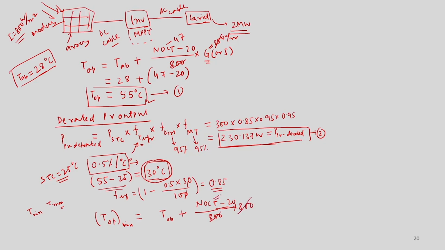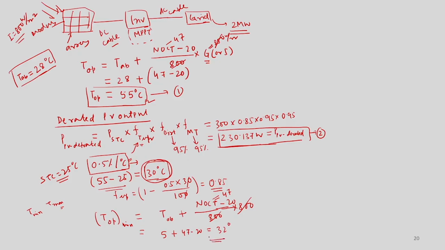This NOCT is 47, so 47 minus 20, and the minimum ambient is 5. So 5 plus 47 minus 20 will be 32 degree.